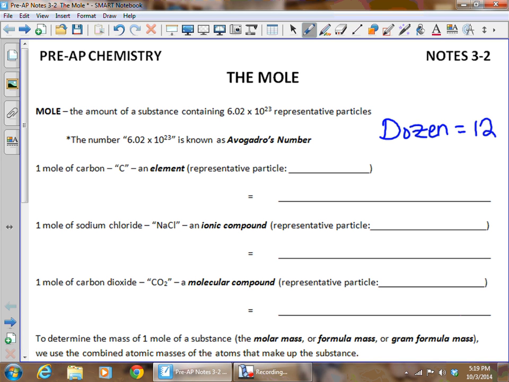But a mole, as it says here, is equal to 6.02 times 10 to the 23rd of something. So if I asked you to get me a mole of marbles, you'd go get me 6.02 times 10 to the 23rd of them. That's 602 with 21 zeros after it.